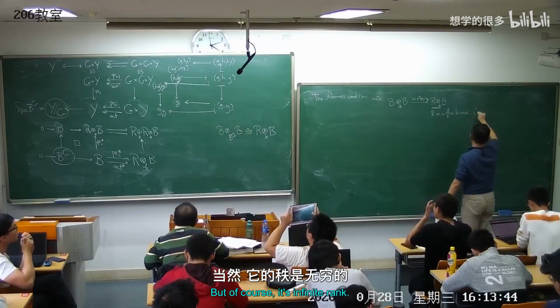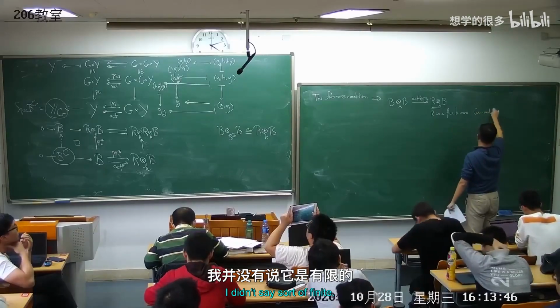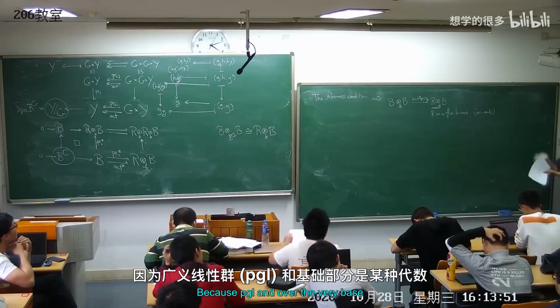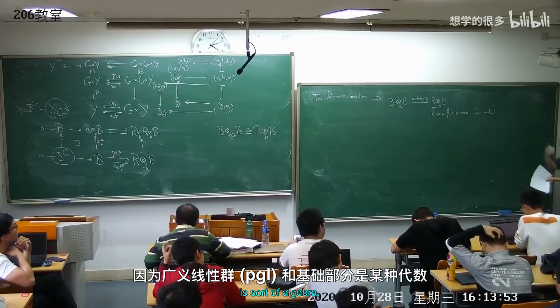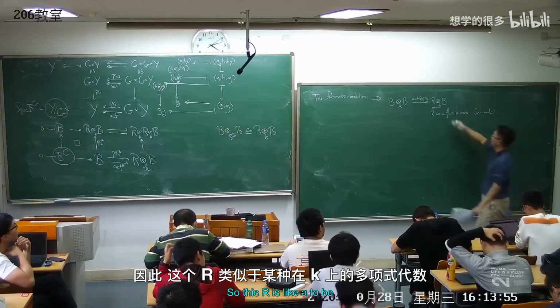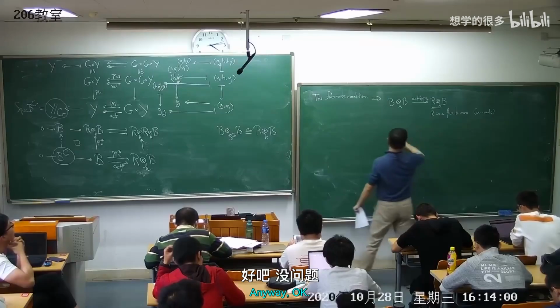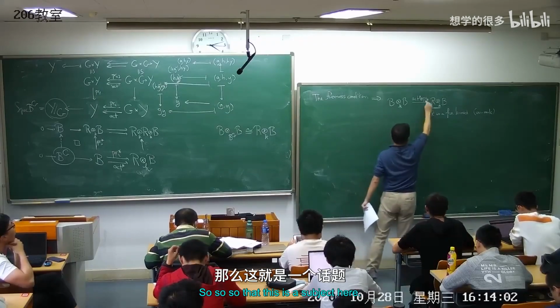But of course, it's infinite rank. I didn't say it's finite, because PGL n over the base is an algebra. So it's just about R being some sort of polynomial algebra over K. In any case, this is surjective.